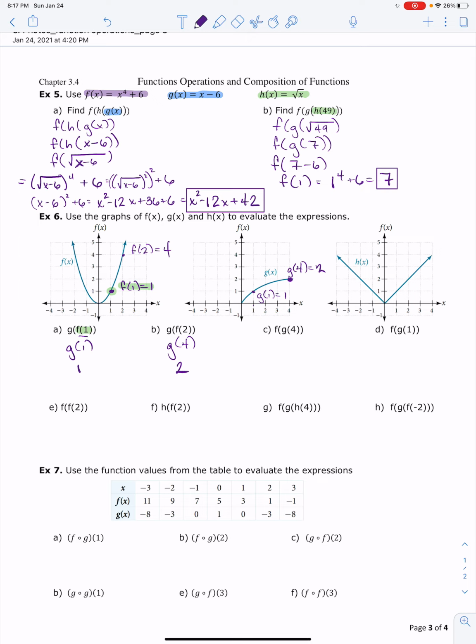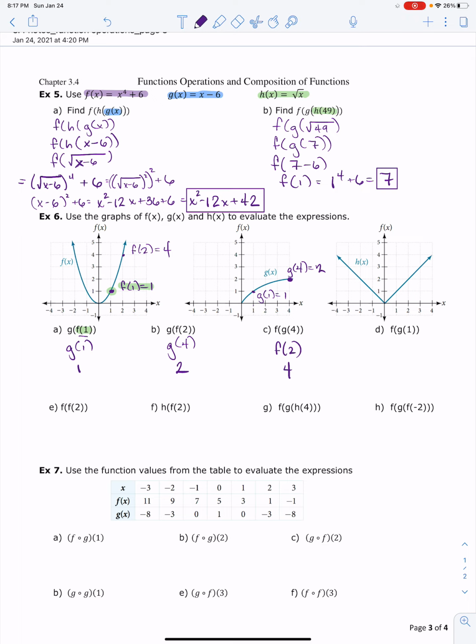C, f of g of 4, well, we just established that g of 4 was 2. And we know that f of 2 is 4, which kind of makes sense. F and g are inverse functions, the square root and the square.